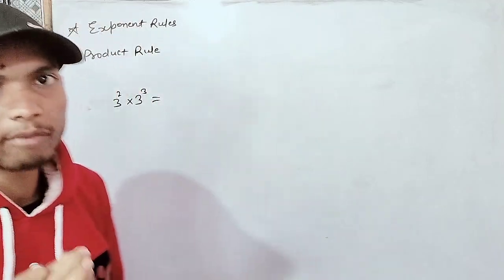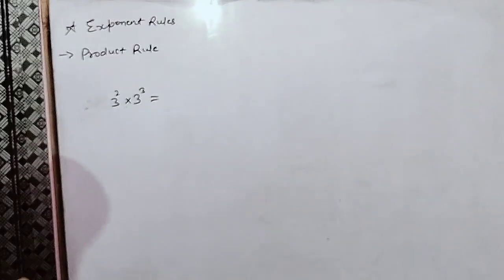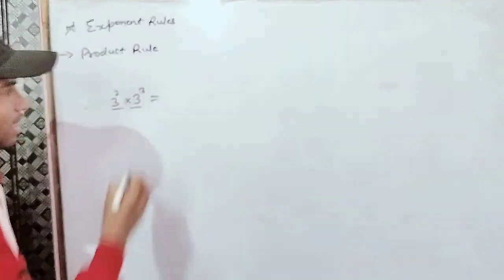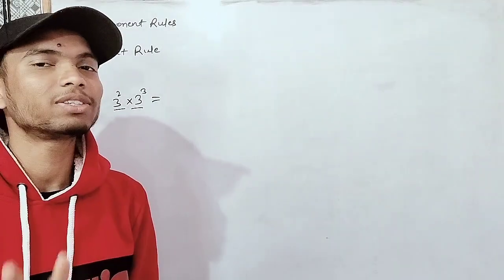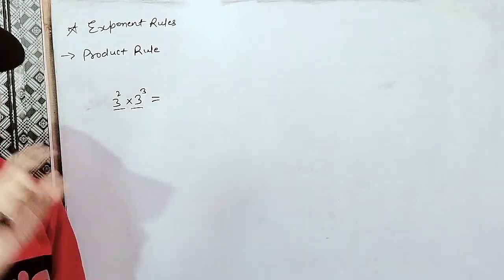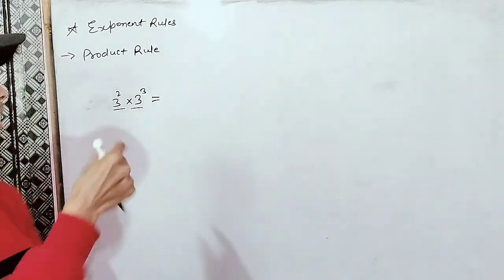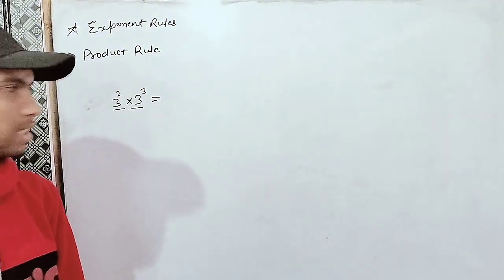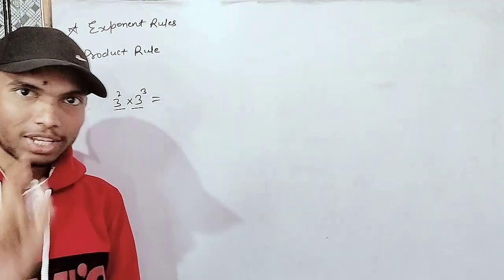That's why we have the word product. So you can see our base: we have 2, 3, 3. So here the base is the same. This is a condition of our product rule. This is a rule, you can say: the base should be the same.